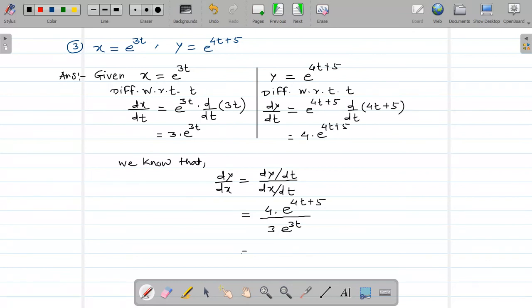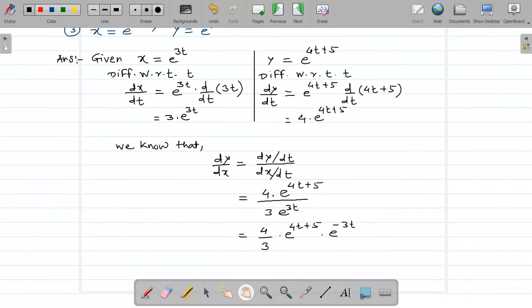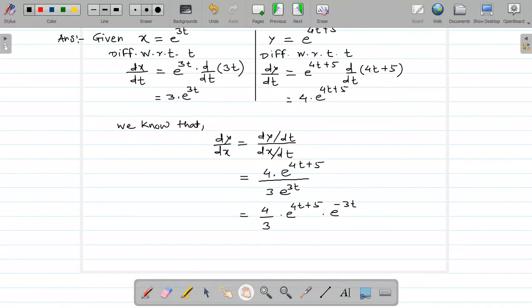Now you can simplify this as 4 by 3 into, see, this is e raised to 4t plus 5 and here it is e raised to 3t. So you can write it as e raised to 4t plus 5 into e raised to minus 3t. By the index rule we will solve this and hence we get 4 by 3 into e raised to 4t plus 5 minus 3t.